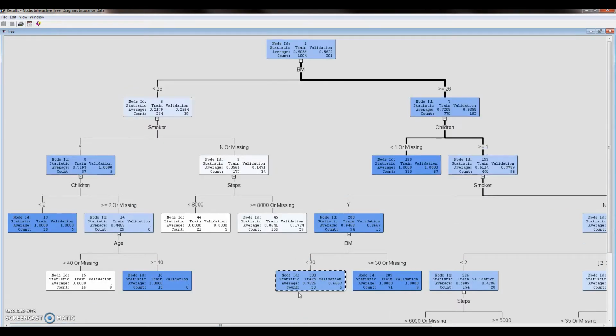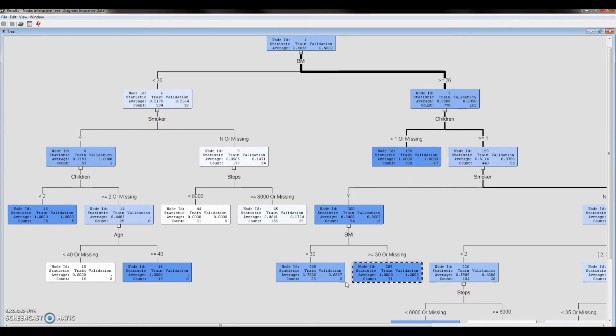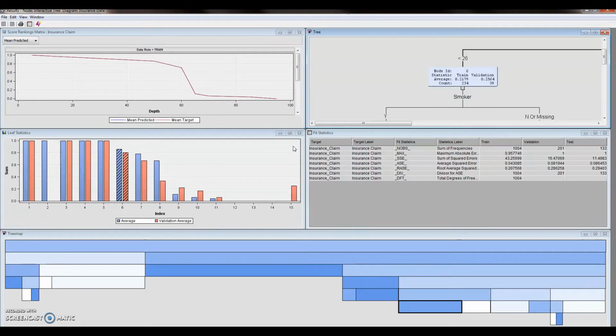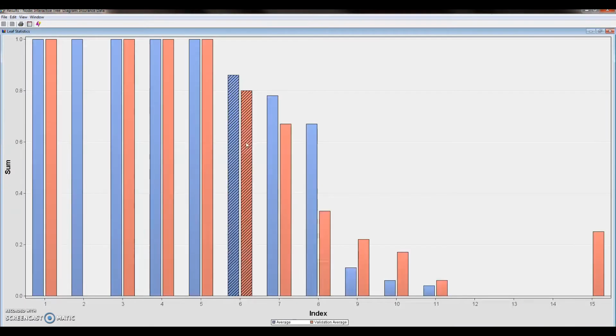The reason why I want to focus on the leaf nodes is because these are the pieces that the decision logic will be developed off of. To better evaluate my leaf node effectiveness, I can look at this leaf statistic graph.